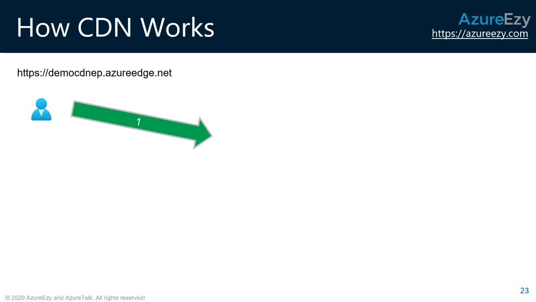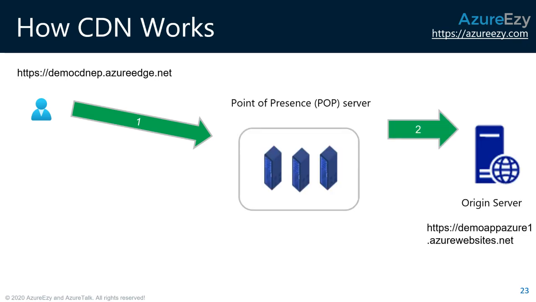Now, once this user accesses this, what will happen? In the first instance, it will not connect directly to the original server, because we have CDN implemented. It will go to the point of presence server, or you can call it the edge server as well. This edge server will check whether the user has requested this thing for the first time or has requested it earlier as well.